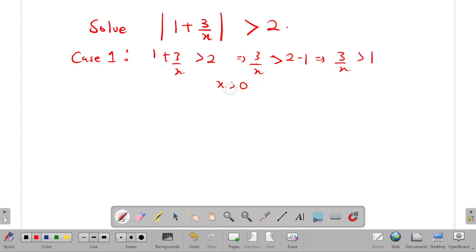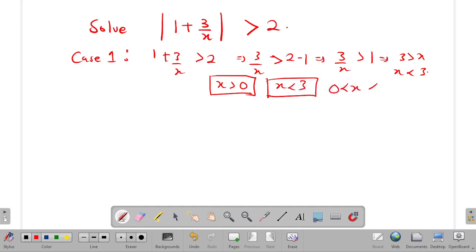Then once you write this down, box it, you have the next solution by solving. So simply, you cross multiply, you have 3 greater than x, or x less than 3, right? You're going to have x less than 3 as another solution for this case. So from here, you're going to get x greater than 0 and less than 3 as our answer.